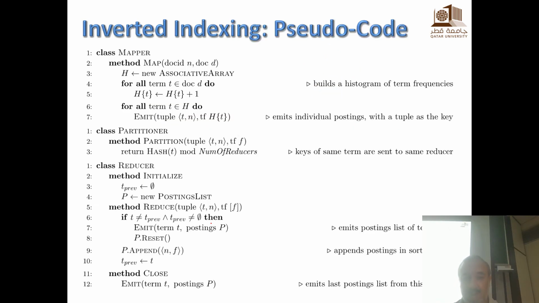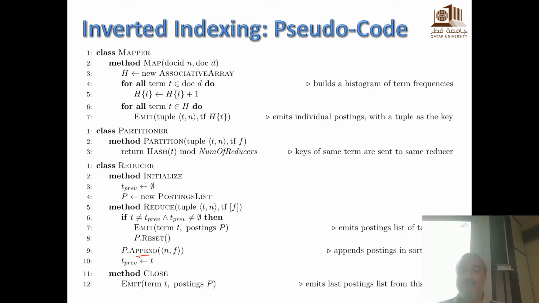So that's what's going on here. If the given T is not like the previous, which is the case initially, and the T previous is not null, so that's not met, so we will just append to the current list.